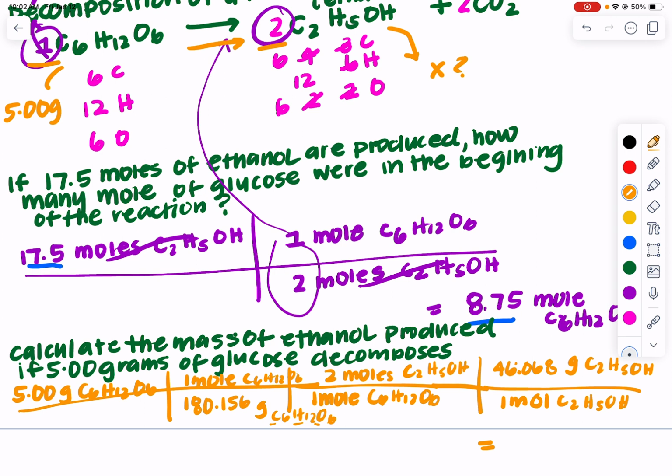And I'm just doing it right now on my calculator because I don't have an answer for this. And I got 2.56 grams of C2H5OH.